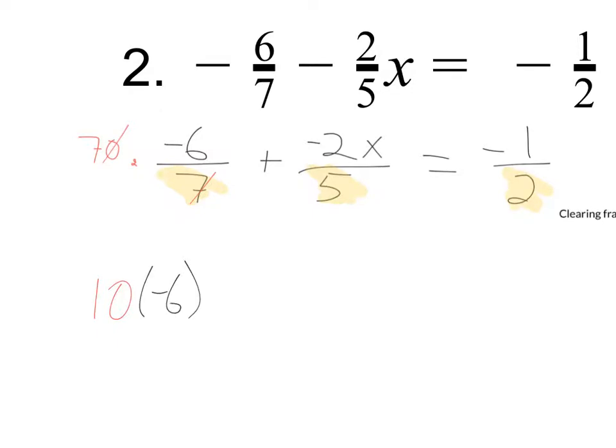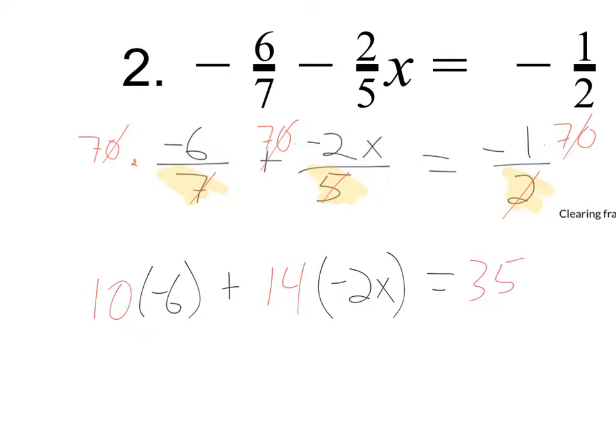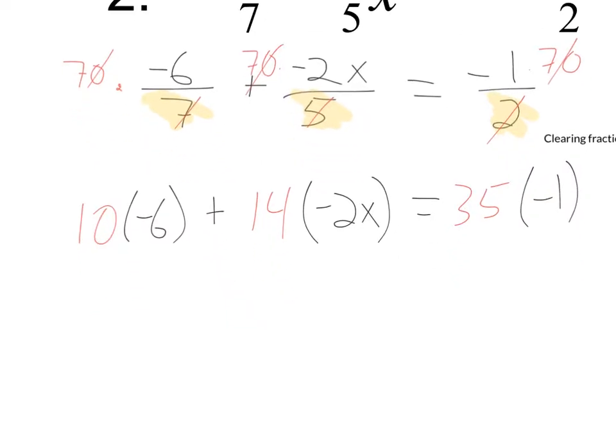If I multiply the second fraction by 70, 70 and 5 reduces down to 14. And we had 14 times negative 2x. And then lastly, if I multiplied 70 times negative 1 over 2, 70 and 2 reduces down to 35 times negative 1. You'll notice now I have no denominators, aka no fractions.